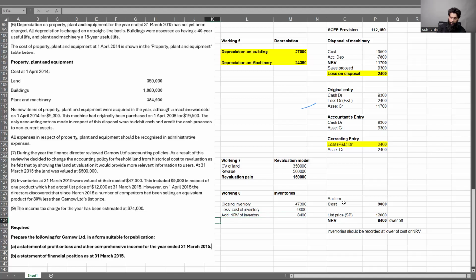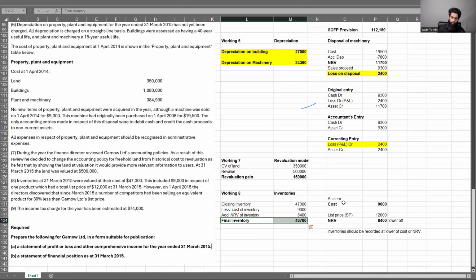So the final inventory value should be 46,700. Does everybody agree on 46,700? I want feedback from everyone. Everybody has to go in their examinations. You cannot rely on what I'm saying or what anybody else understands. You have your own paper. Is it clear?